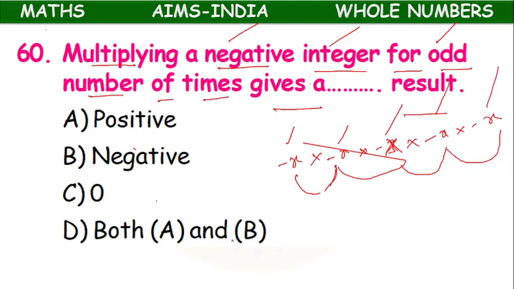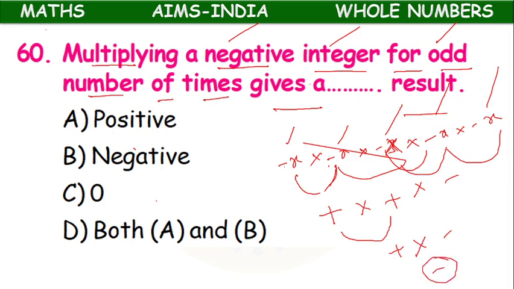If we multiply a negative integer an odd number of times, what happens? Minus into minus is plus, into minus is minus, into minus is plus, into the last minus. Again plus into plus, plus into minus, minus.